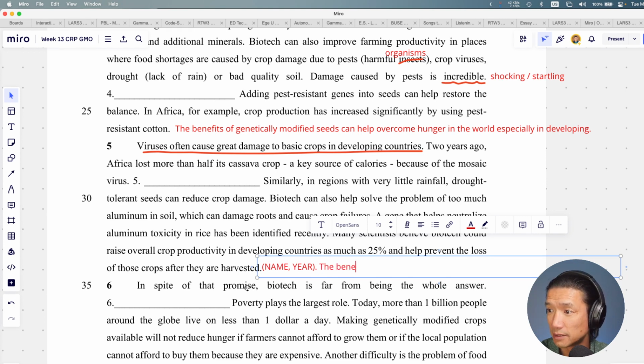The benefits could help. The benefits. What benefits? The benefits of genetic. So be specific. Modified foods could help improve.